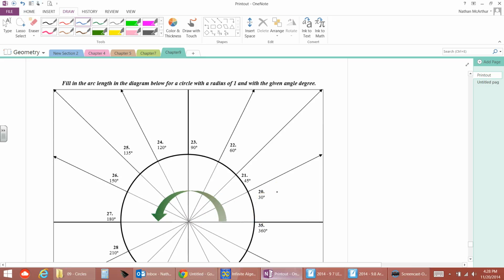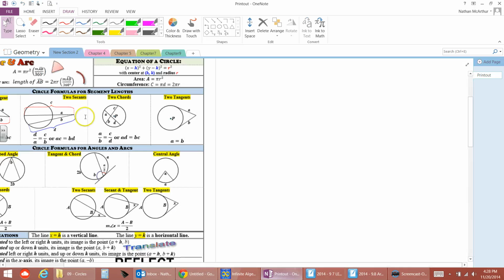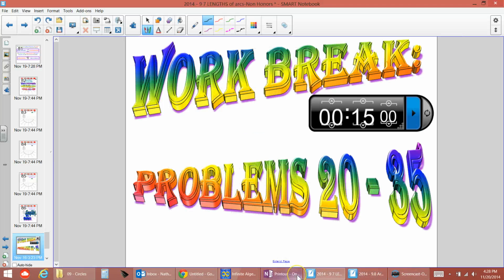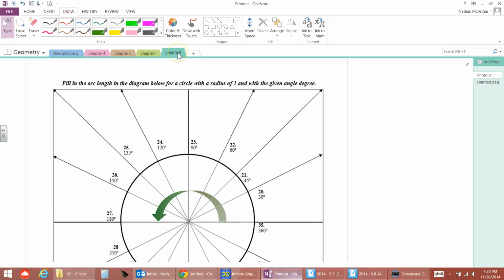So if I'm using the arc length formula, the arc length formula is from our cheat sheet. It's right here. The length of AB equals 2 pi r of the arc of AB over 360. But our radius right here is just 1 for all of these problems that we're going to work on. Uh-oh. Here we go.